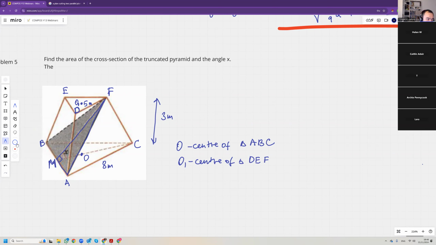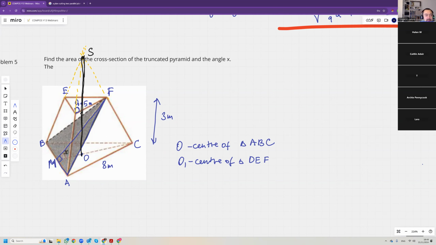So imagine what the pyramid was like before we cut it. So we continue the lines. And let this be S. So now we can draw the line S O1 O.